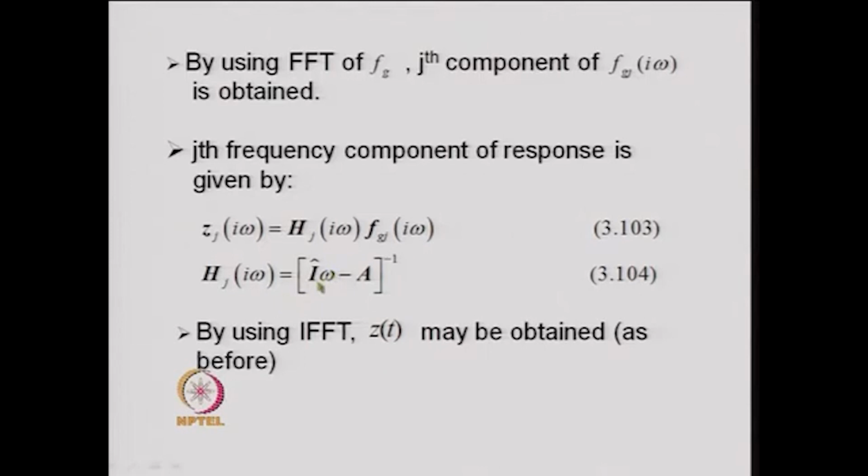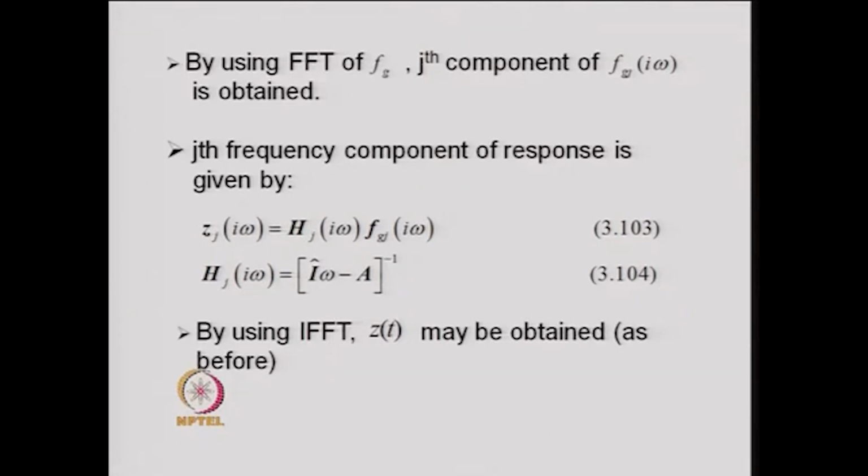And then once we get the value of Zj I omega, then for different values of omega we obtain this Zj till the Nyquist frequency or the cutoff frequency, and then after that we add on the complex conjugate values, that is again what we discussed before.